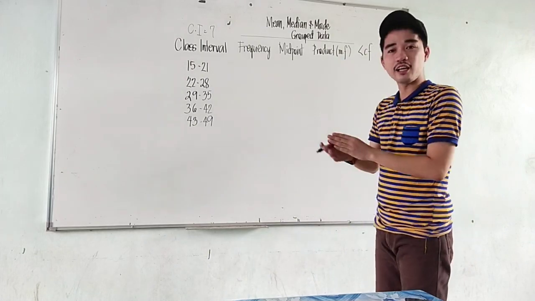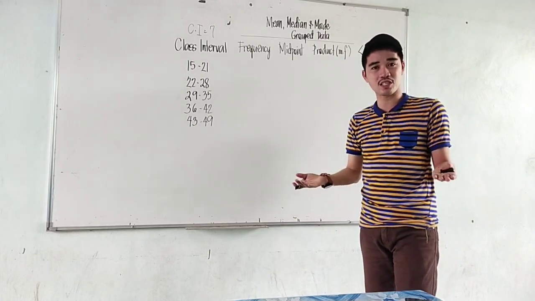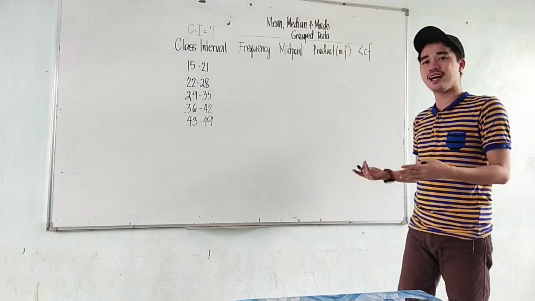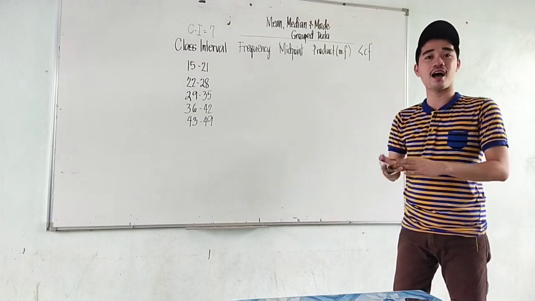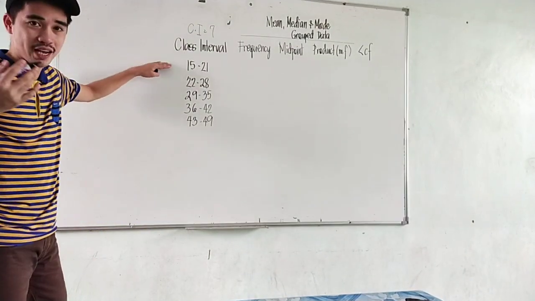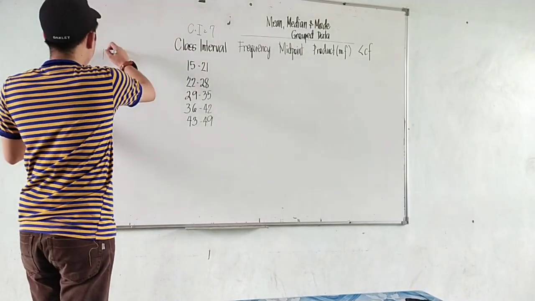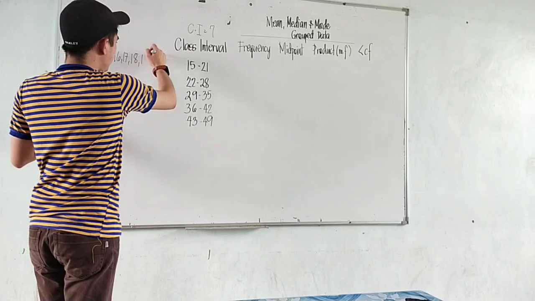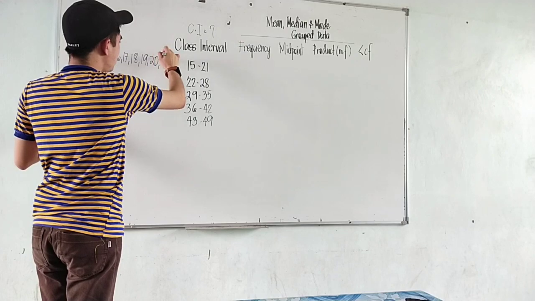Iti-test lang natin muna kung 7 pa talaga, kasi mahilig po tayo sa pagte-test para malaman natin na correct ang ating answer. From the first row, these will be our bases: 15, 16, 17, 18, 19, 20, and 21.